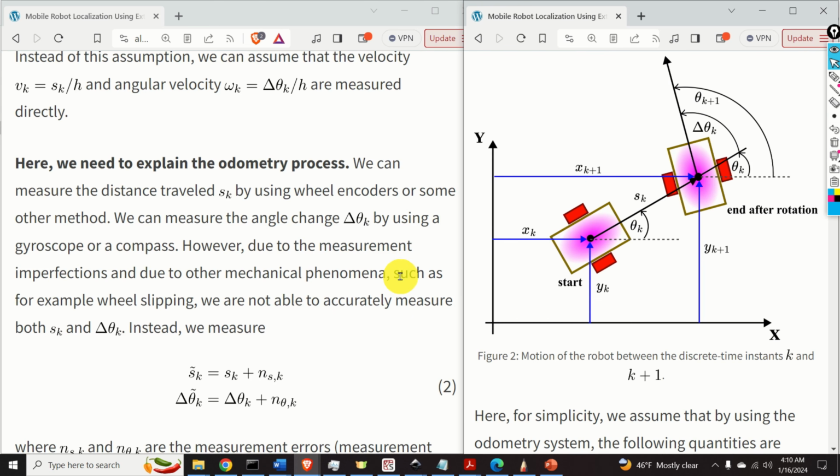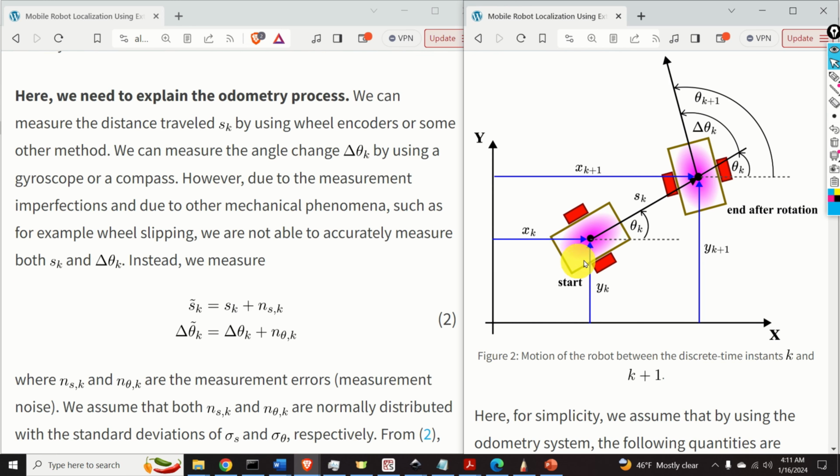Here, we need to explain the odometry process. We can measure the distance traveled between the time instant k and k plus 1, that is, we can measure Sk by using wheel encoders or some other method. We can measure the angle change delta theta k by using a gyroscope or a compass.